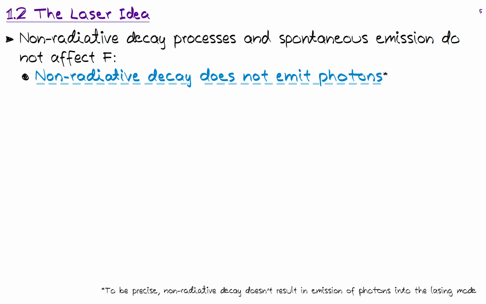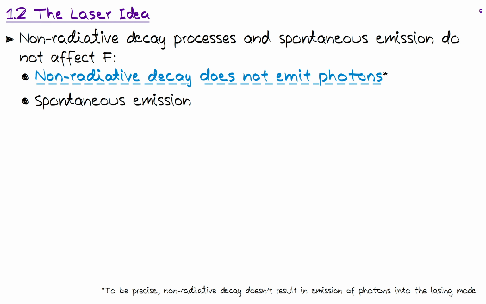Even though, pedantically speaking, every non-radiative decay process usually ends up with some emission of photons, in terms of laser physics we say that those photons are not of our interest because they do not contribute to the formation of the lasing beam. That's why we say that there are no such photons due to non-radiative decay.